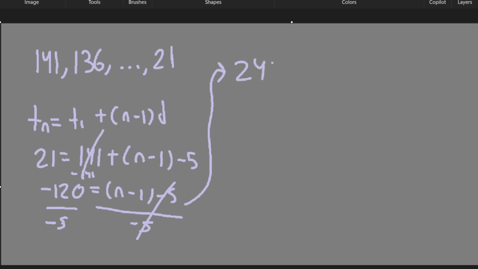You'll get that 24 is equal to n minus 1. Plus 1, 25 is equal to n. So 21 is the 25th term of this sequence. And 21 is also the final term of this sequence, which means that there's logically nothing beyond 21 in this sequence. So that means that there are 25 terms in this sequence.